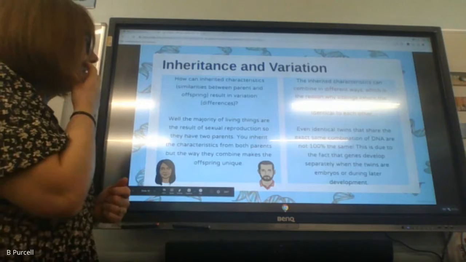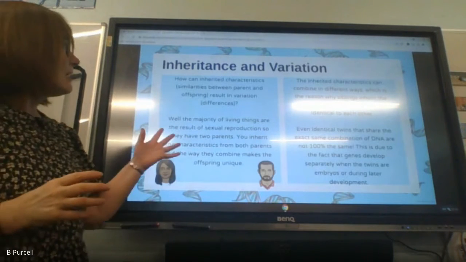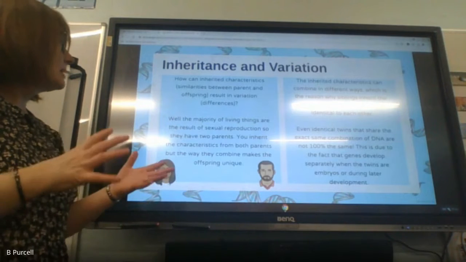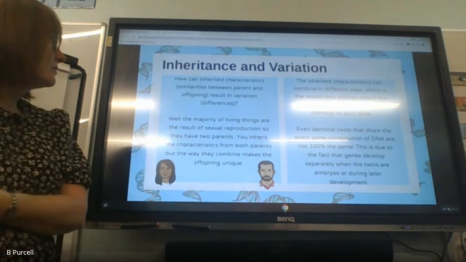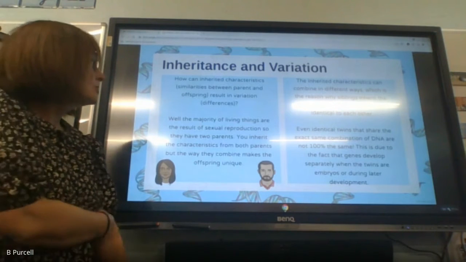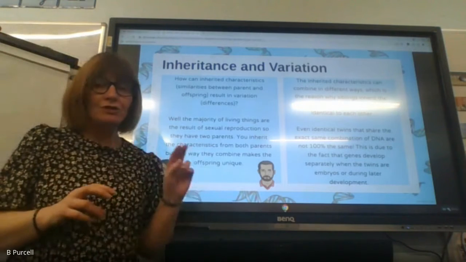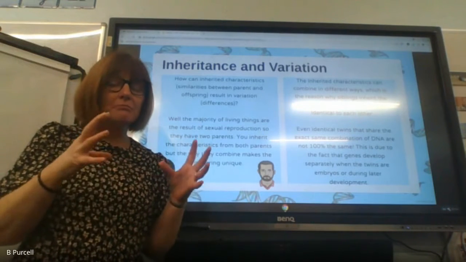So inheritance and variation. Let's have a look at them. How can inherited characteristics, similarities between parent and offspring, result in variation, differences? Well, the majority of living things are the result of reproduction, so they have two parents, mostly.